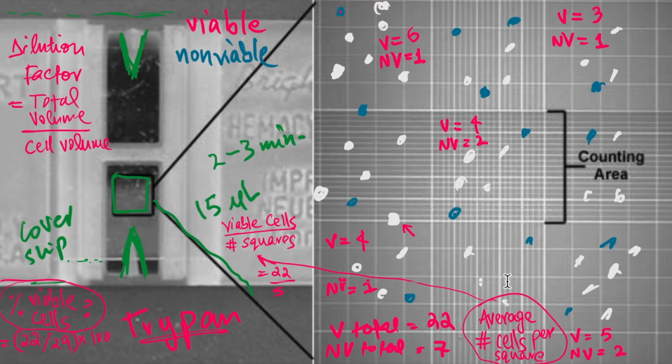So your total volume turned out to be 200 microliters, and the volume that corresponded to your cells was 100 microliters. So your dilution factor turns out to be 2. That is another parameter that we are also interested in.